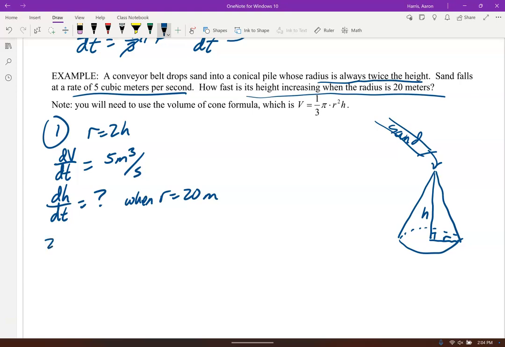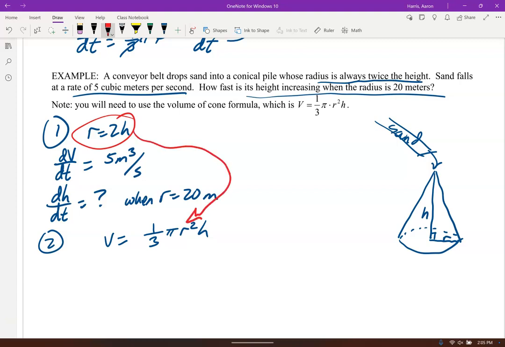Well, let's take our volume of a cone, 1/3 pi r squared h. And I'm going to substitute the fact that r is 2h, so I'm only dealing with h's here and I don't have to do the product rule and make a big old mess of this.